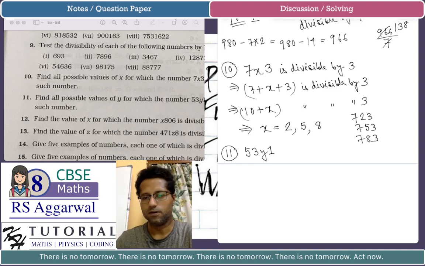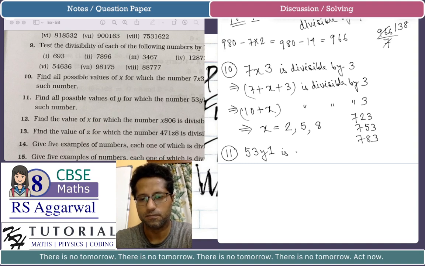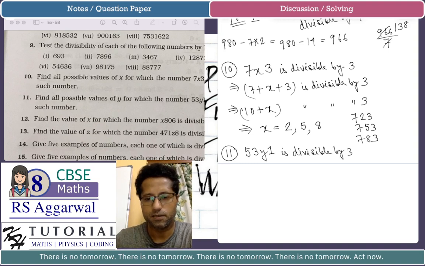Now if this number 53y1 will be divisible by 3, it implies that the sum of the digits, that is 5 plus 3 plus y plus 1, is divisible by 3.